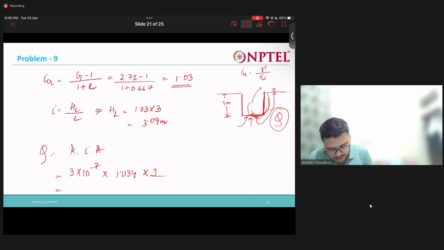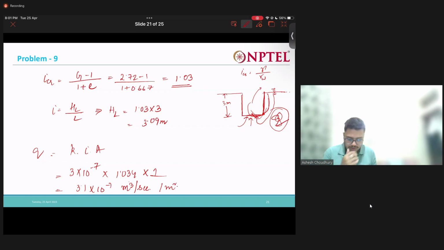So you will get 3.1 into 10 to the power minus 7. It should be small q, meter cube per second per meter square.